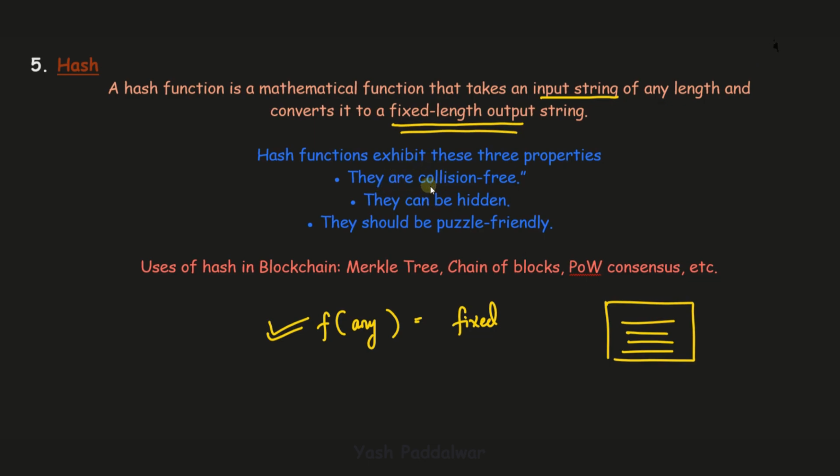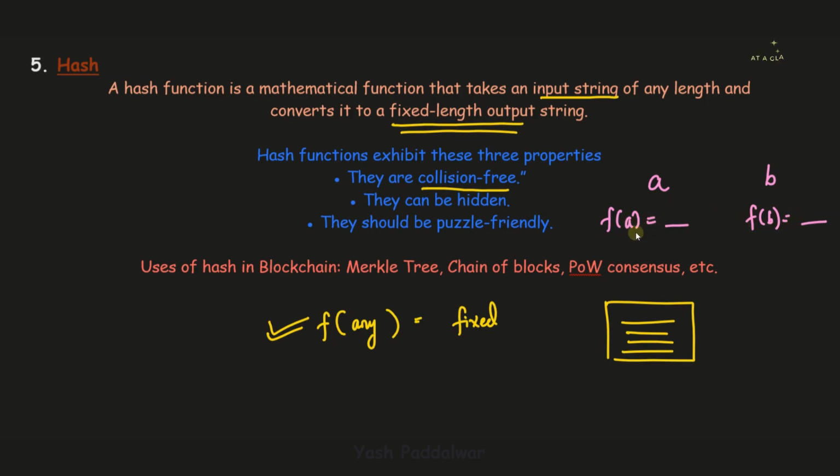The very first property is that it is collision free. Collision free means let's say we have two inputs. Let's say A is our first input and B is our second input. Now, we give this string A to the hash function and it generates an output. Similarly, if we give B to the function, it generates some output. The speciality is that no two different inputs will have the same output.